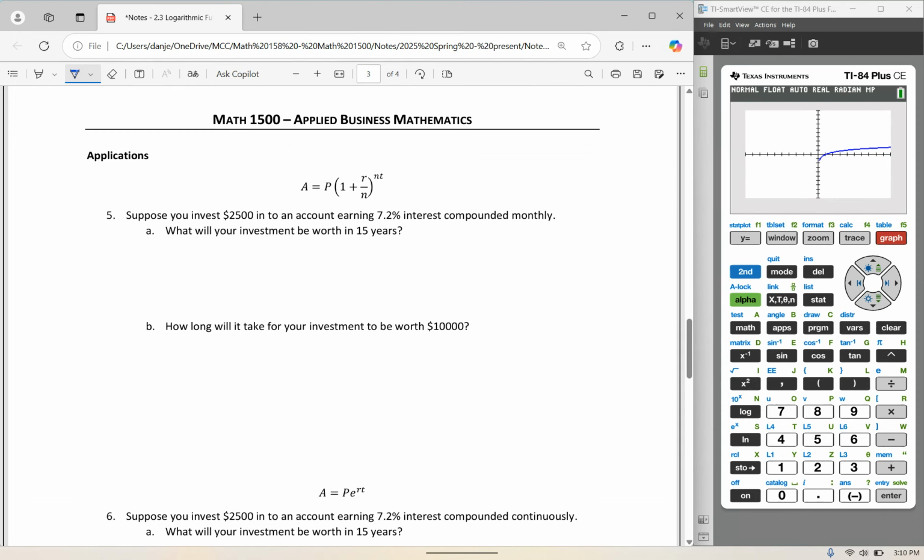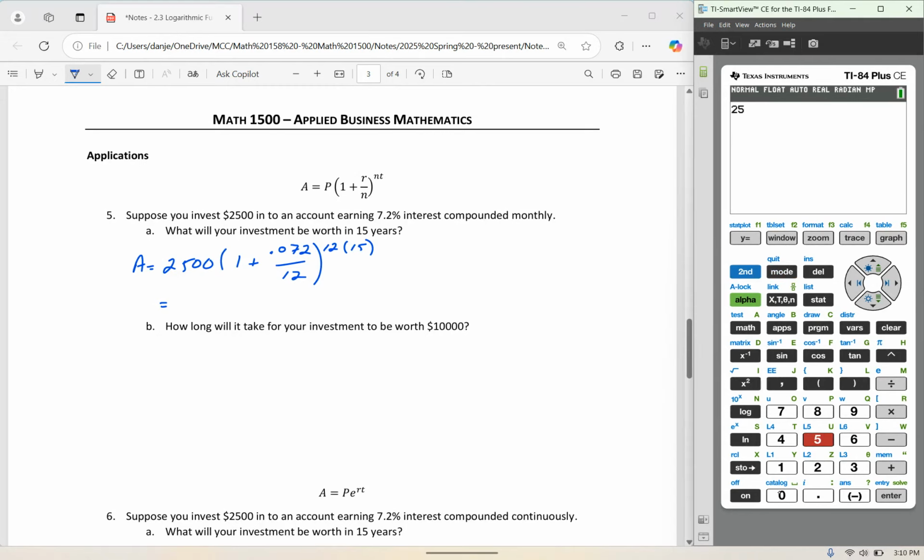If you watched the previous video, when we did exponential functions, you might remember the problem. Suppose I invest $2,500 into an account earning 7.2% interest. That's 0.072. Earning 7.2% interest compounded monthly for 15 years. How much money is my account worth after the 15 years?